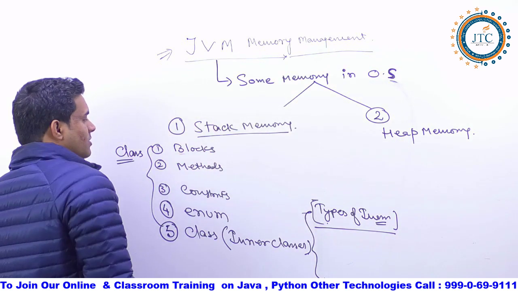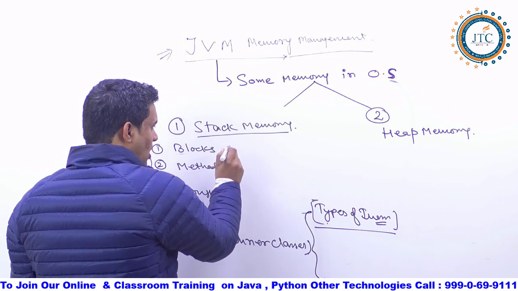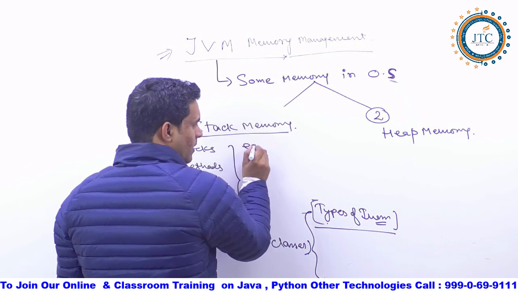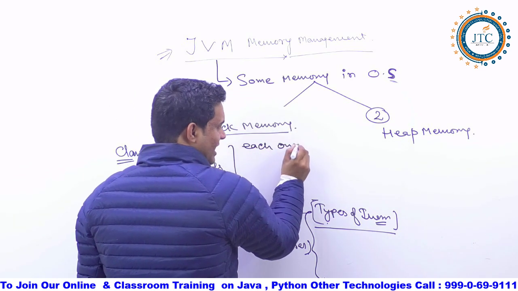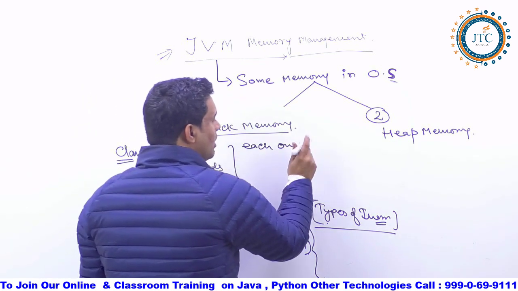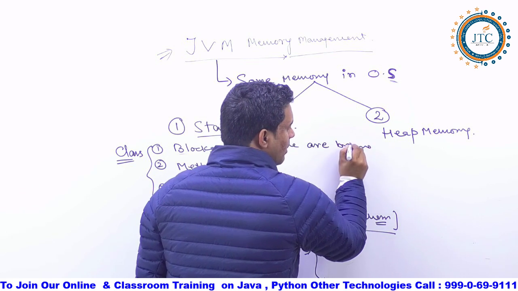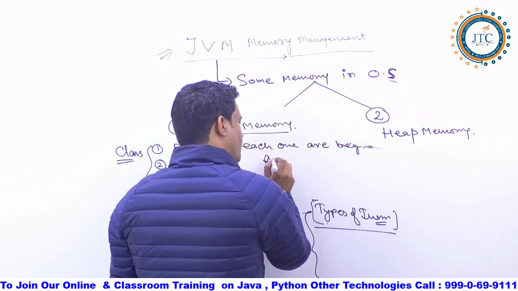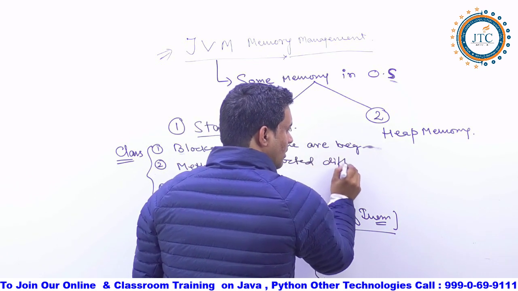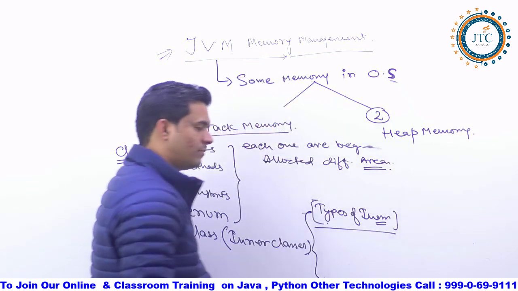Now next one here, see here first. In the memory, each one of these members is allocated a different area for memory allocation.